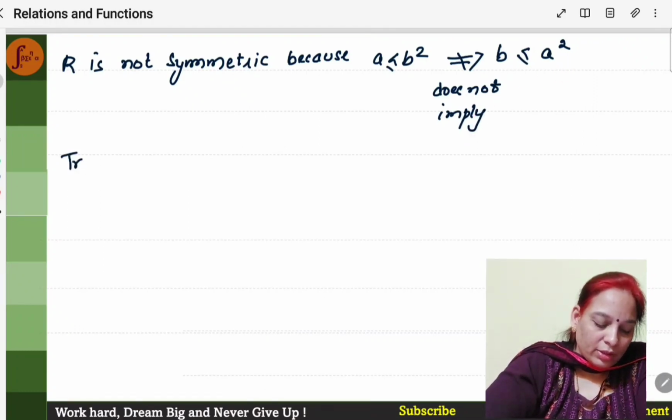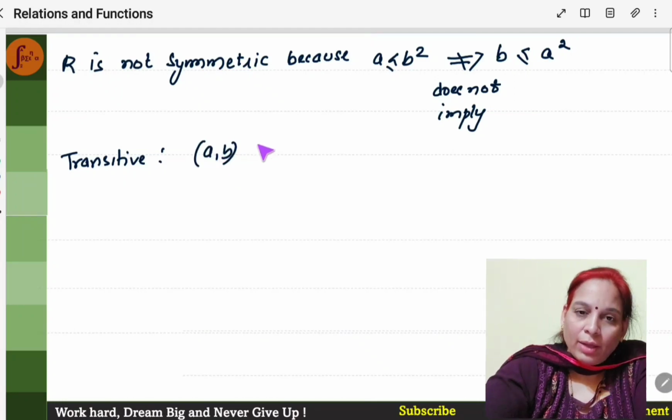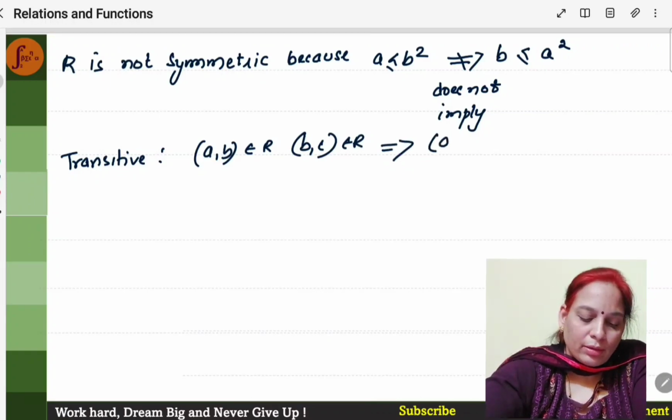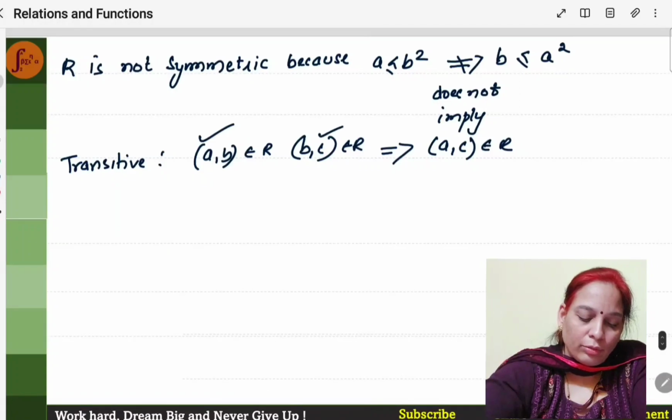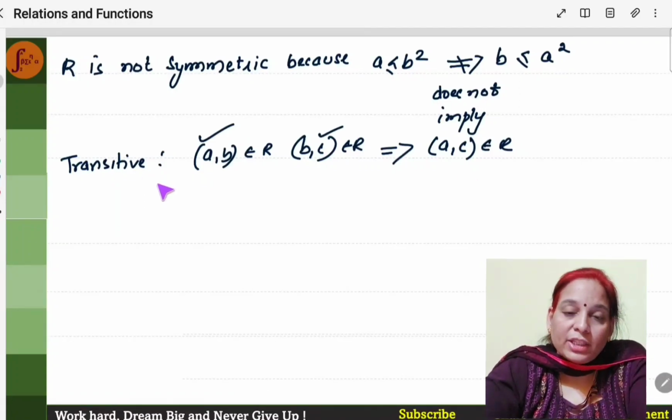Now we'll check if it is transitive. What is the condition for transitive? If AB belongs to R and BC belongs to R, this should imply that AC should belong to R. That is, this first element and this fourth element should belong to R. Now we should take an example to disprove this.